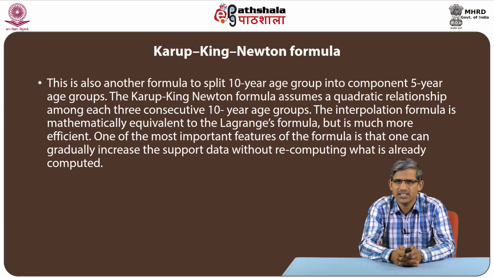There are other methods, such as the Karup-King-Newton formula, which is again an adjustment to the earlier methods. This is also another formula to split the 10-year age group into the components of 5-year age groups. The Karup-King-Newton formula assumes a quadratic relationship among each 3 consecutive 10-year age groups. The interpolation formula is mathematically equivalent to Lagrange's formula, but is much more efficient.